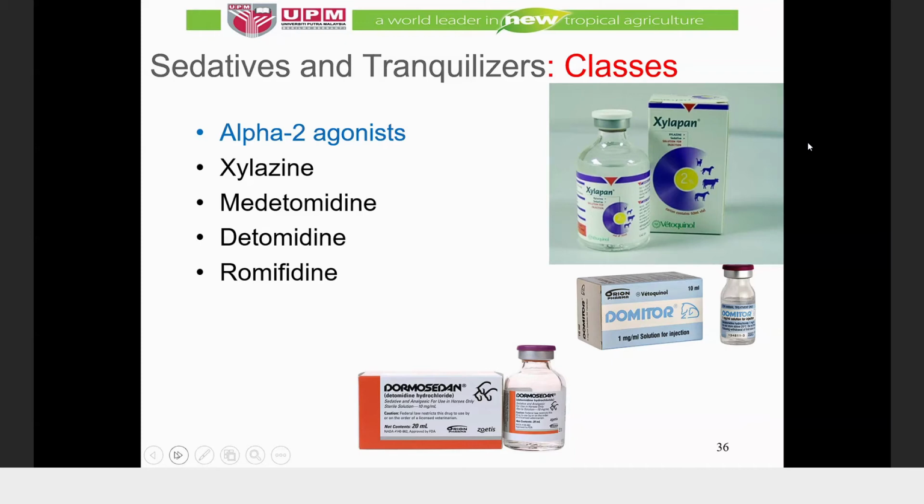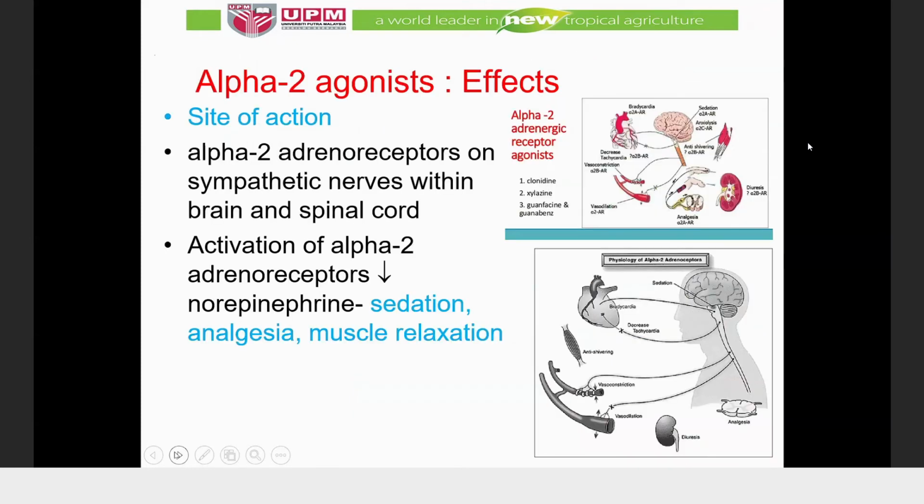How do they work? Their site of action is alpha 2 adrenoceptors on sympathetic nerves within the brain and the spinal cord. Activation of alpha 2 adrenoceptors causes a decrease in norepinephrine. Norepinephrine is also another neurotransmitter.